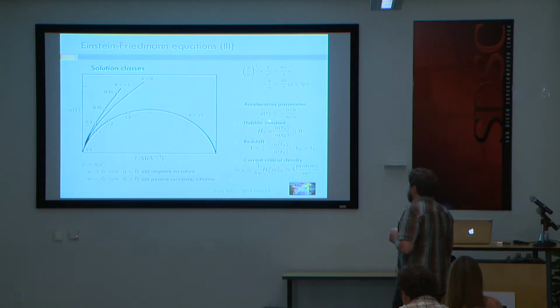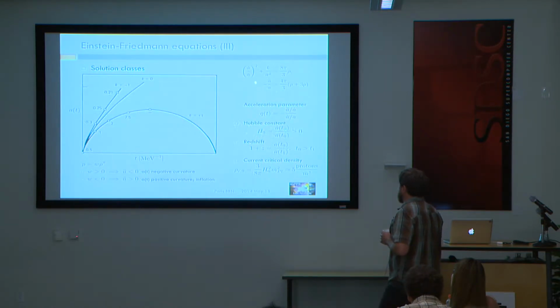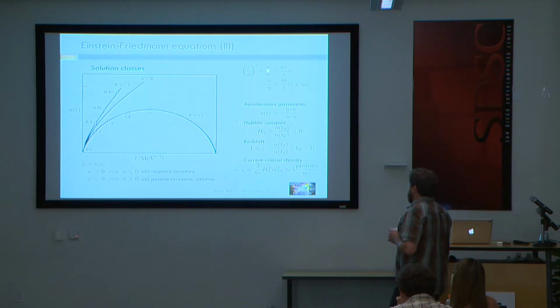Okay, so I won't go too much into detail on this figure, but all of the quantities here should be more or less familiar to you. The current critical density: the Hubble constant is the value of the Hubble parameter today at t0. So set k equal to 0, and then ask what is the critical density that you need to have a flat space-time.